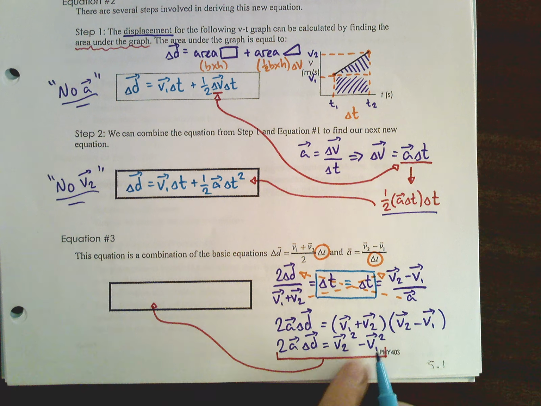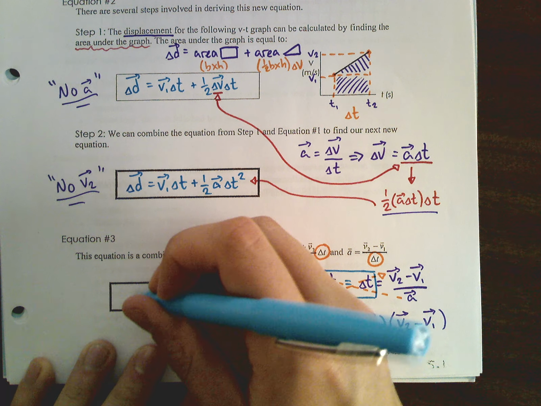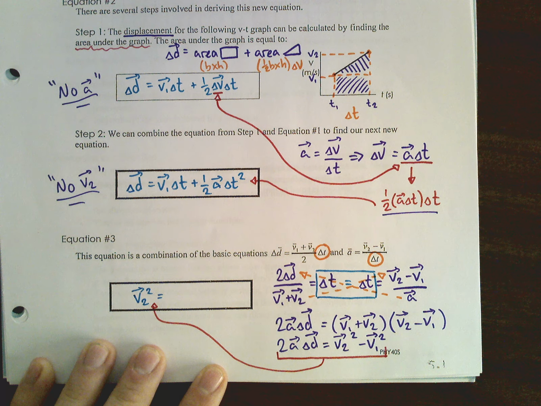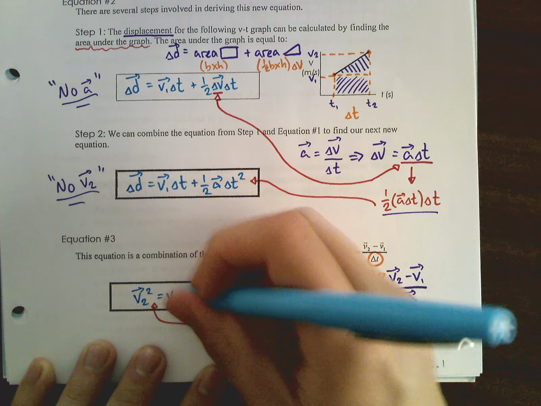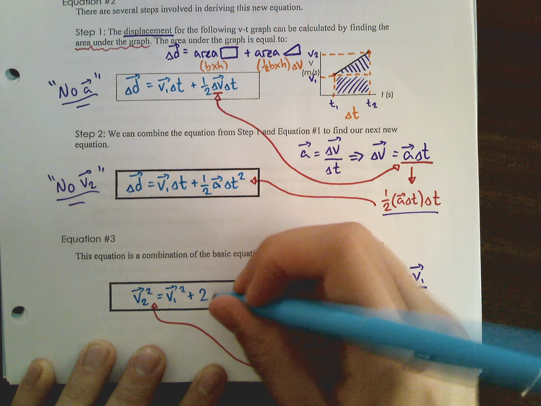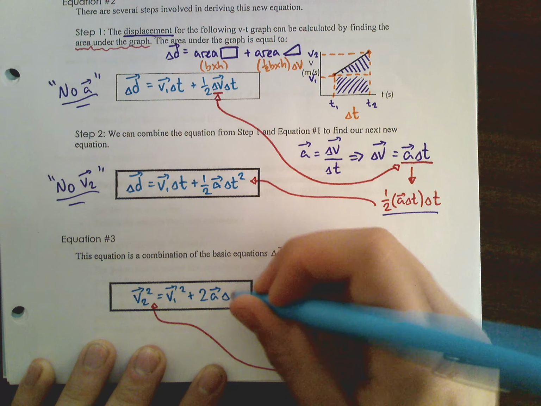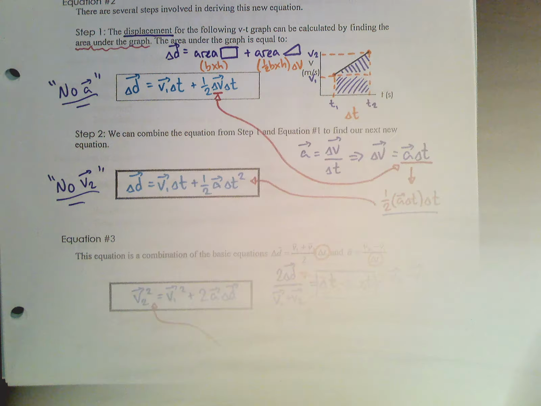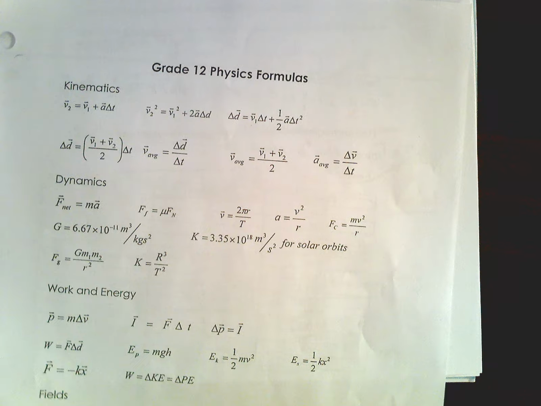And if I do that, all I have to do is move that V1 to the other side, and I get V2 squared is equal to V1 squared plus 2A delta D. Now, as maybe somewhat confusing as that was, isn't that satisfying, being able to just move all this and perfectly get our new formula that we were missing?